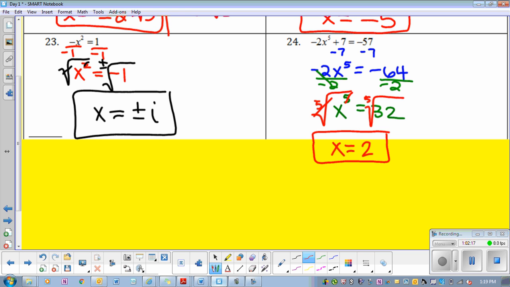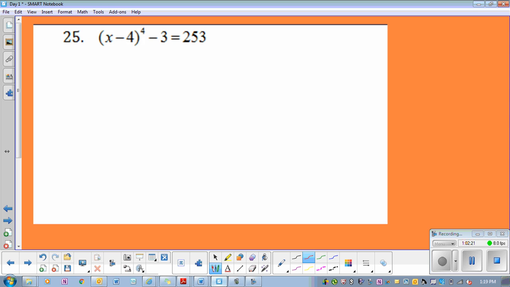How do you do 25? It's got parentheses. Okay, let's do the next one. Number 25 is very important. I'm going to add 3 first. Then I have parentheses x minus 4 to the 4th power equals 256.